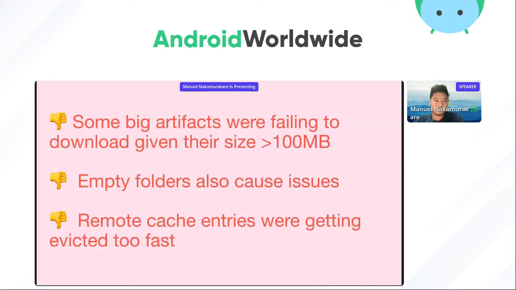Also, our remote cache lives in a server, but this server had some limitations in storage, so we had to increase the storage size in order to increase the cache capacity.